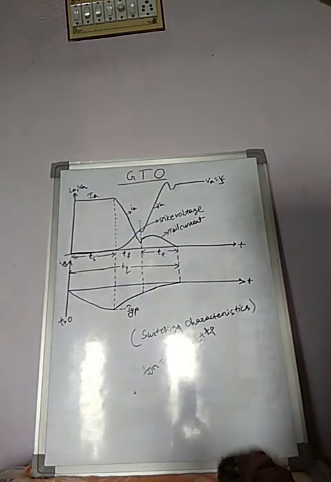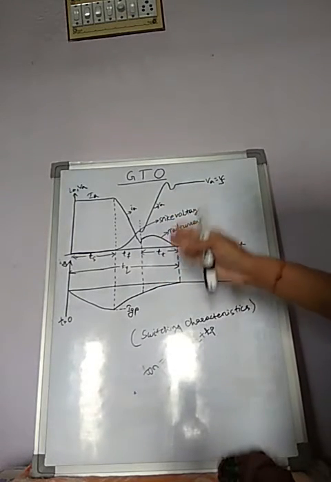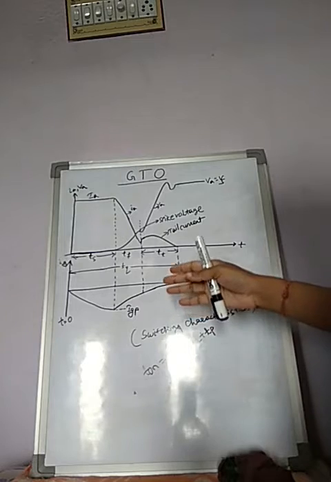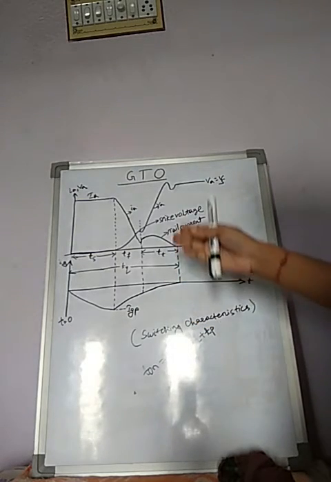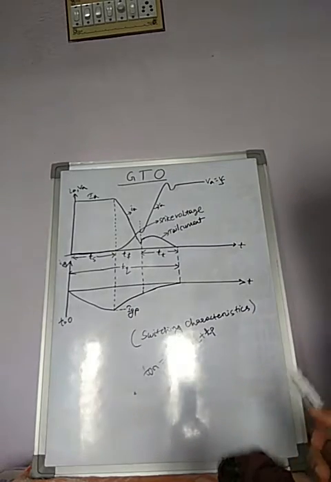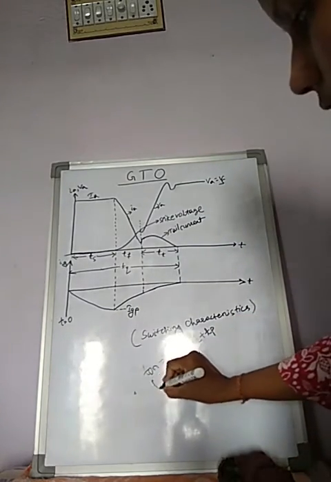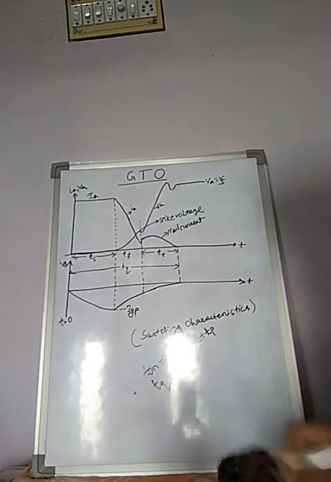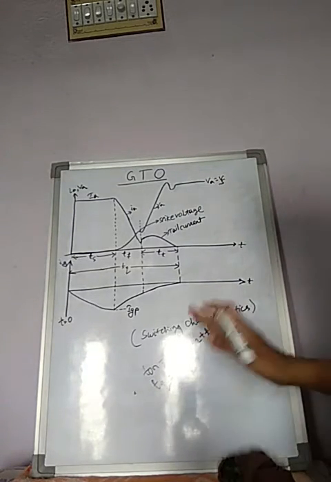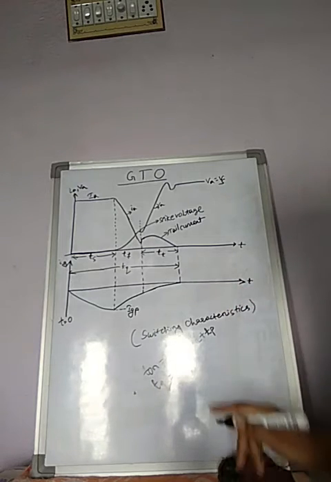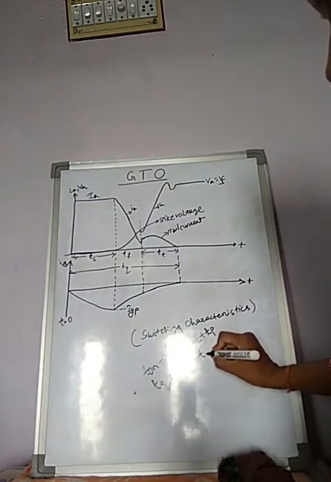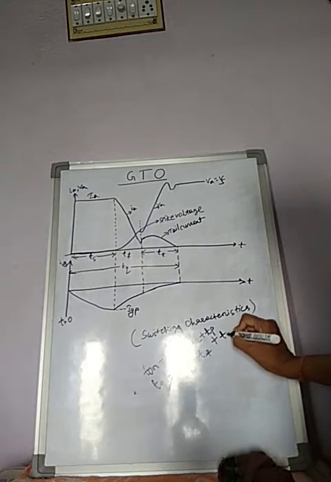The turn off dynamic characteristics for GTO contain the total turn off time. I can write here total turn off time is TQ. So total turn off time TQ is divided into three intervals: storage period TS, fall period TF, and tail period TT.